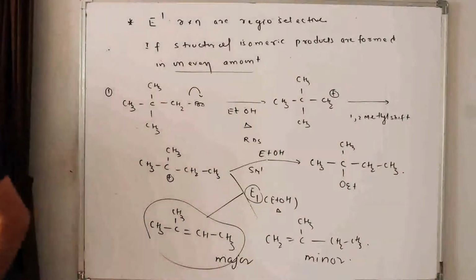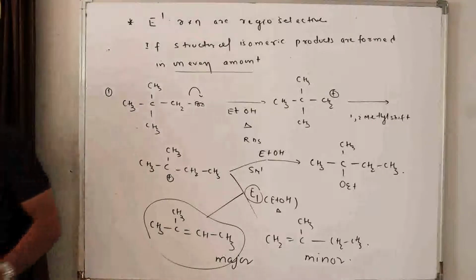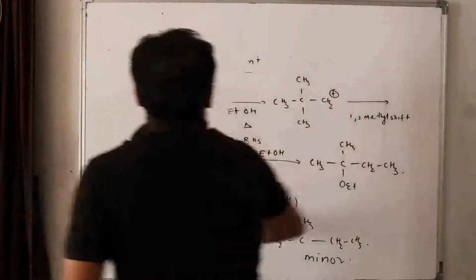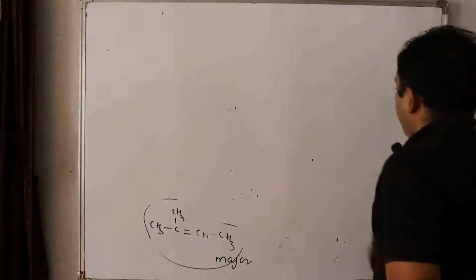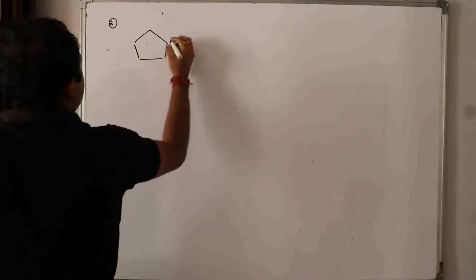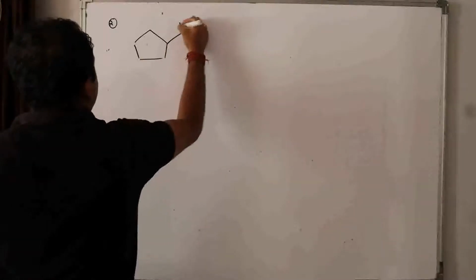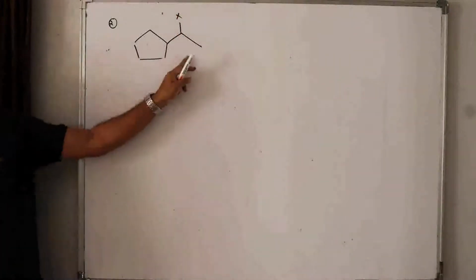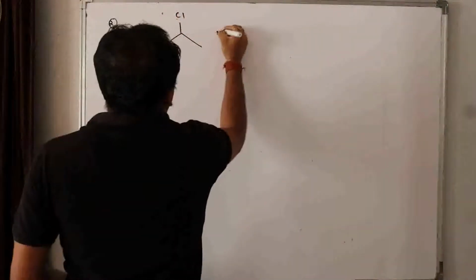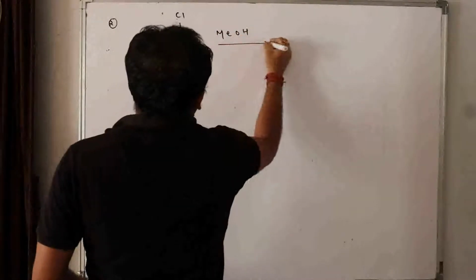Copy. Let us go for one more example. If I put here a halogen, let me give this halogen here Cl with MeOH heated.